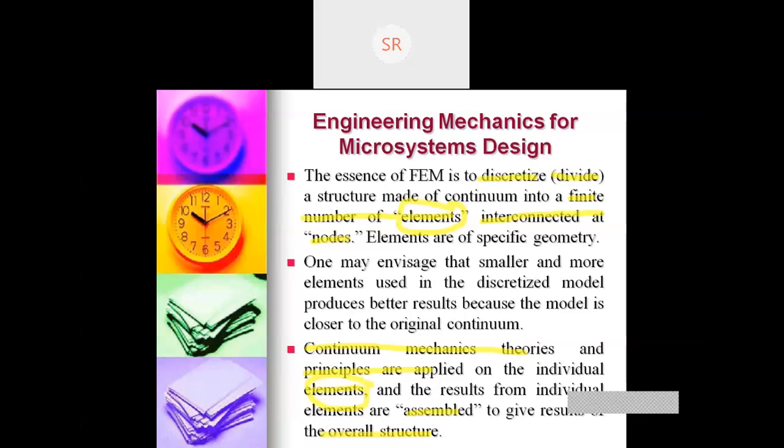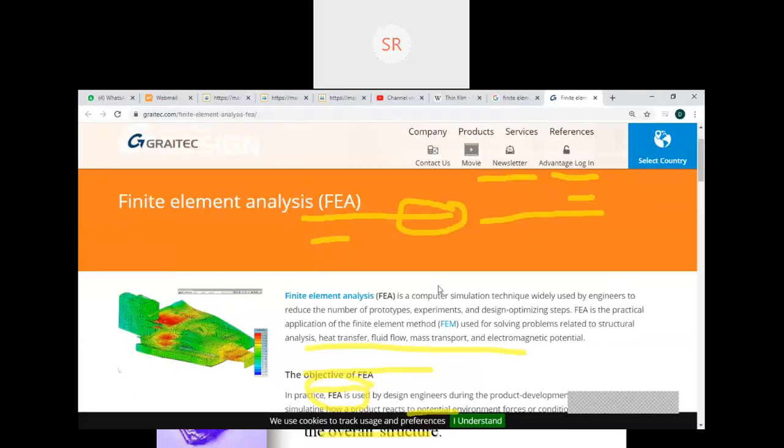So see, here, this whole structure is divided into a finite number of elements. Then I apply the theory of mechanics.